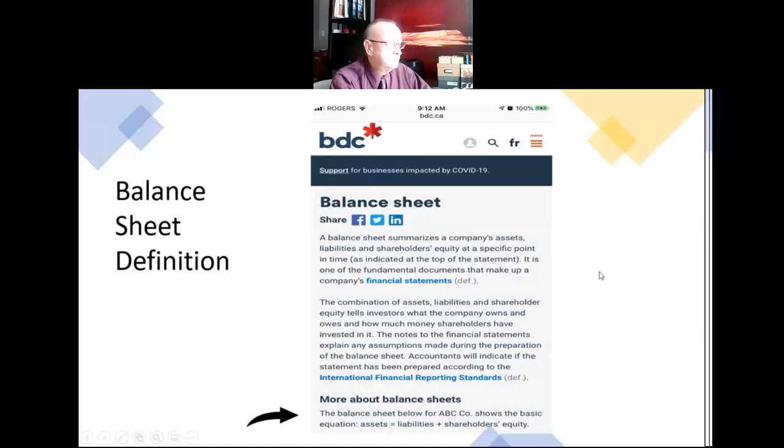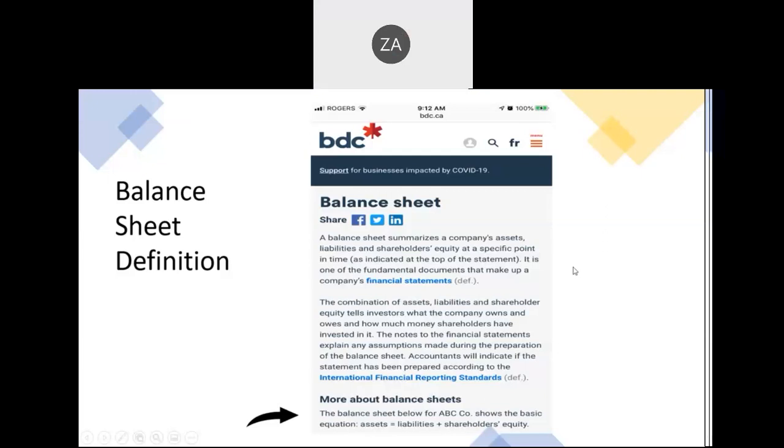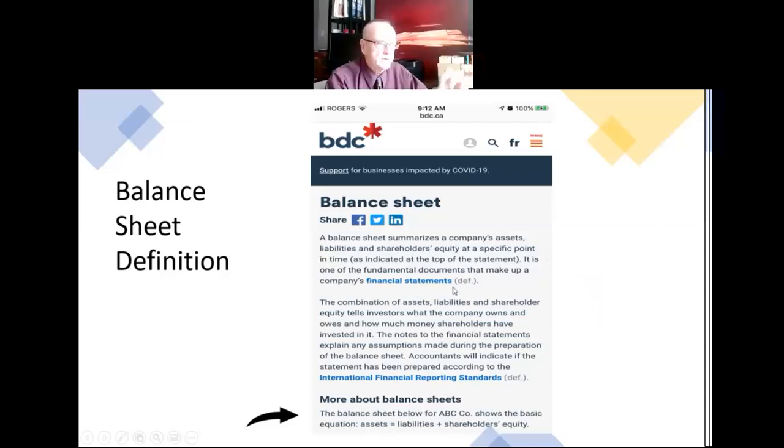You can do an assessment of the assets, whatever you own, the liabilities, whatever you owe, any debts you have, and shareholders' equity, which is cash that you have on hand at any specific point in time. So these are financial statements. Typically, balance sheets are referred to for corporations or countries even. Rarely do people refer to having their own balance sheet, but I do.